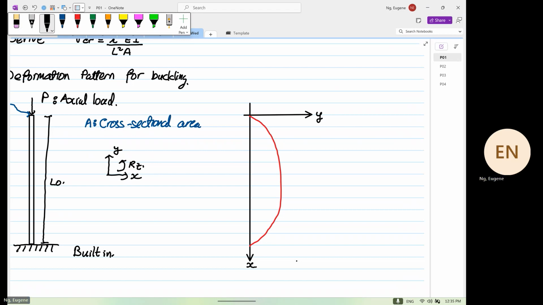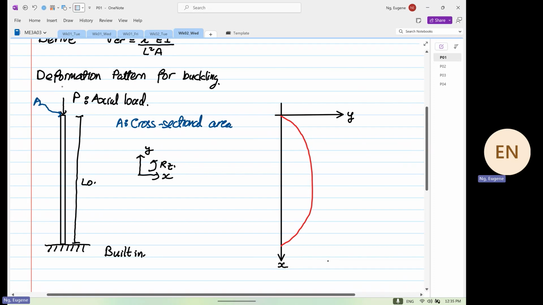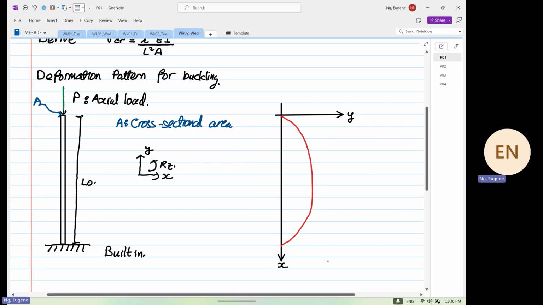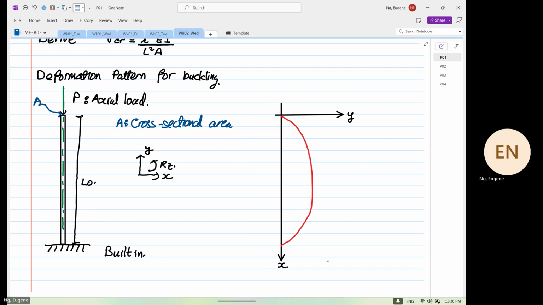Now, as I mentioned earlier, we are going to assume what? The load P is moving about the vertical axis only. Okay, so the P motion is about the vertical axis. So P will always move along the what? This is our centroid.